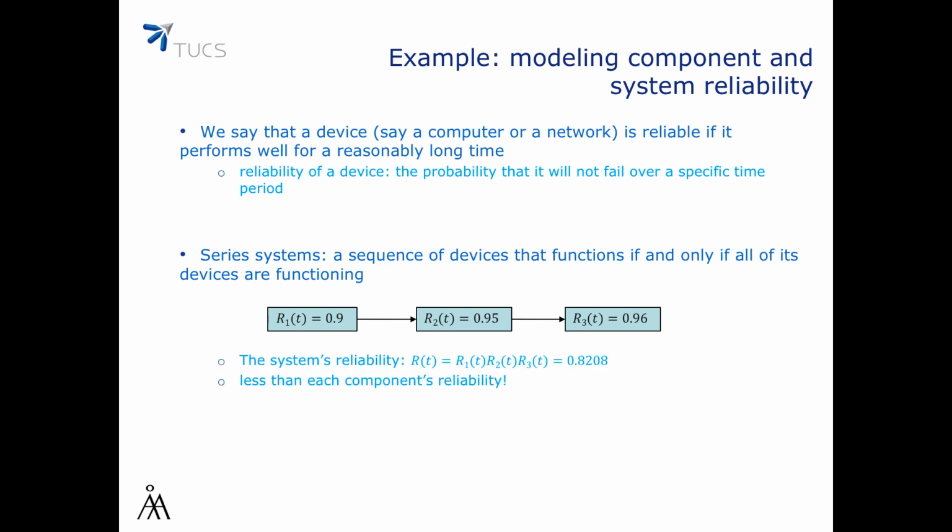And so the system's reliability, because all of them have to be functioning, is really the multiplication of the reliability of each one of them, meaning that R(t) is R1 times R2 times R3, and that's 0.82, which is, as you might expect, less than each component's reliability.